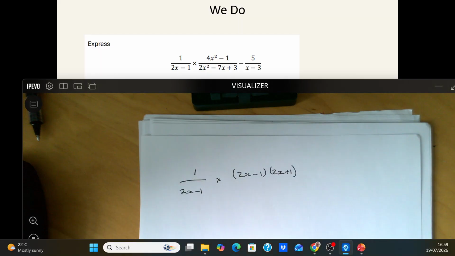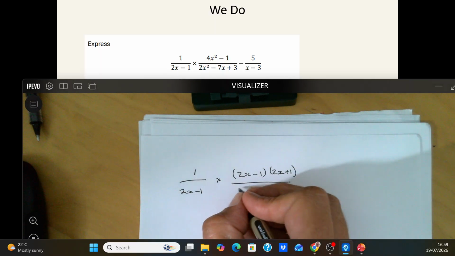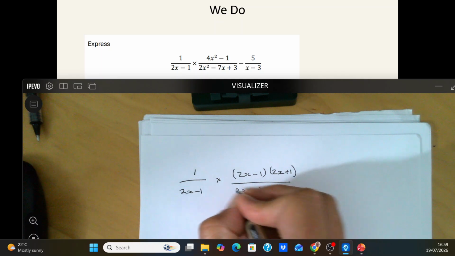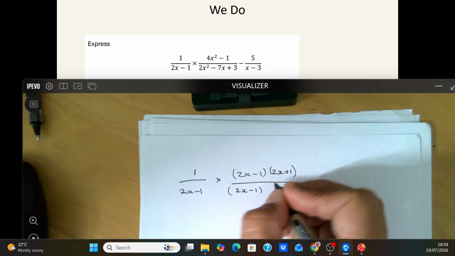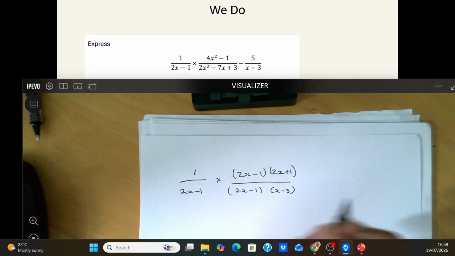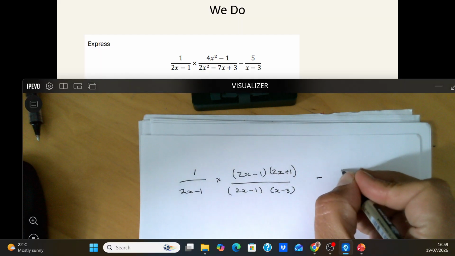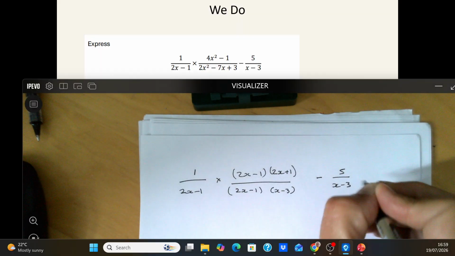We should be getting used to seeing these if we're doing a lot of practice. The bottom one, how does that factorise? That factorises to 2x minus 1, and this is looking strange, but I'll go with it, and x minus 3. And we are subtracting 5 lots of x minus 3.